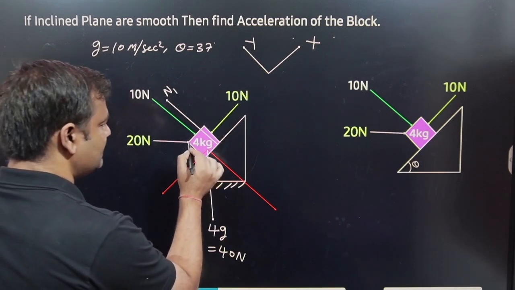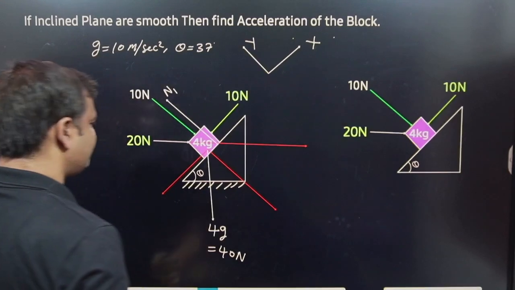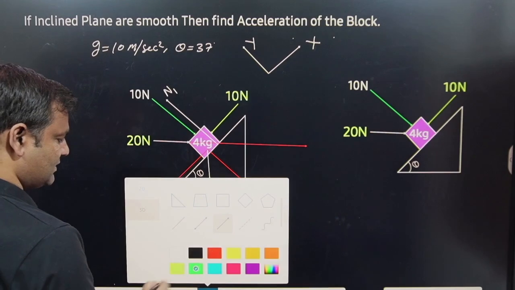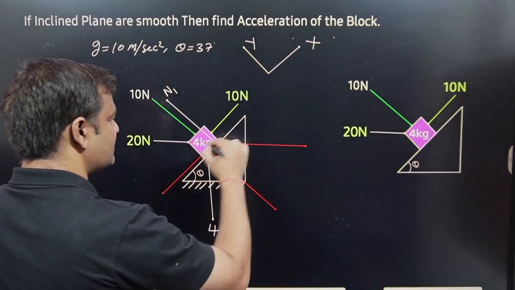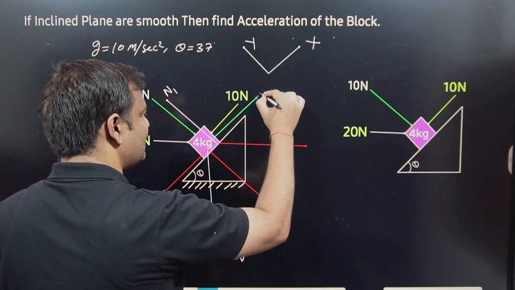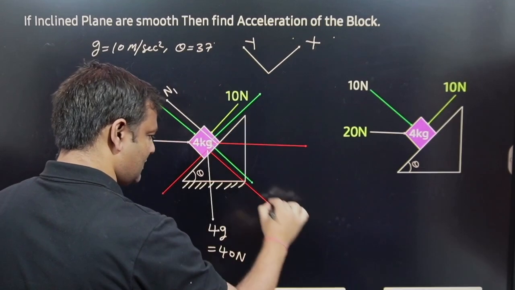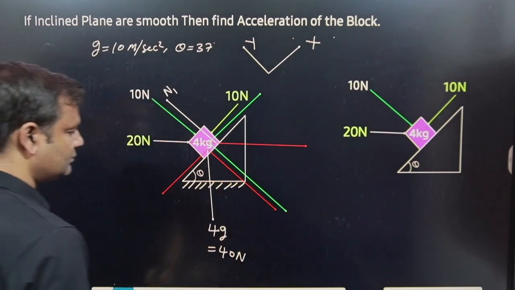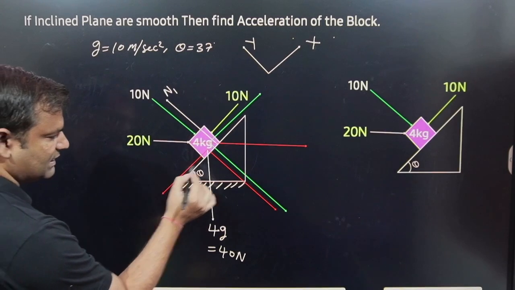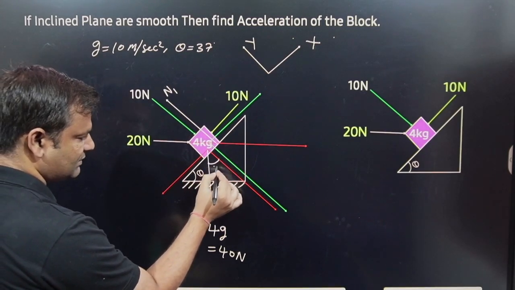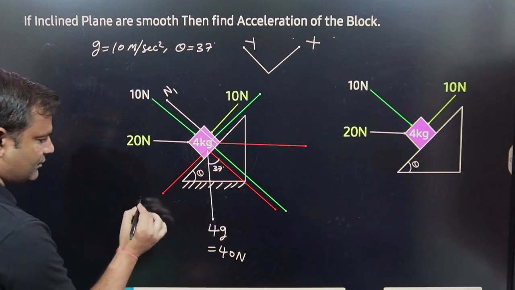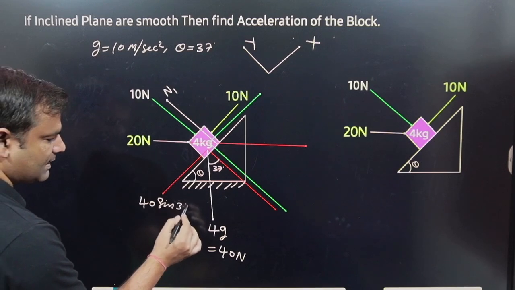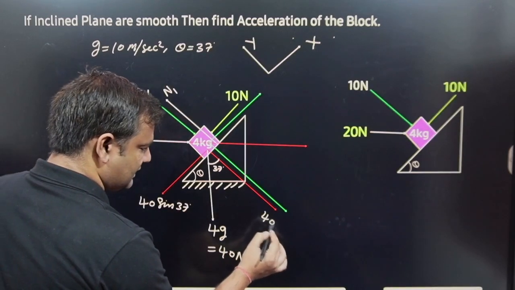The angle of the incline is 37, so this angle is also 37 degrees. So the components are 40 sine 37 and 40 cos 37.